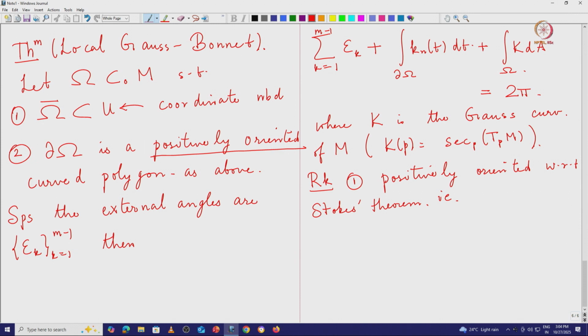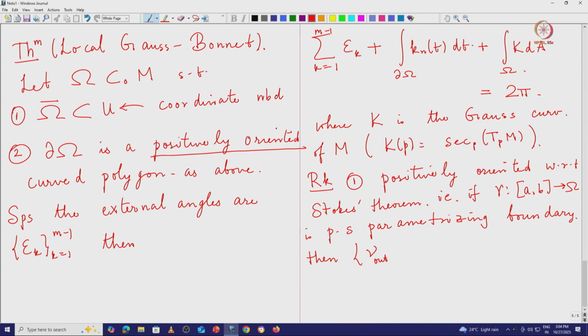So, that just means that if this is the piecewise smooth curve parametrizing the boundary, then if you take the outward normal to the region at the boundary, that and the velocity vector form an oriented basis.